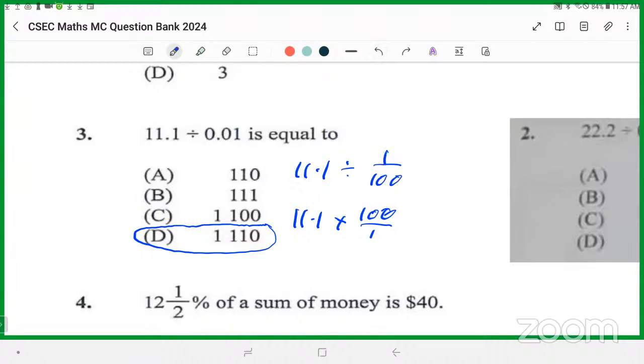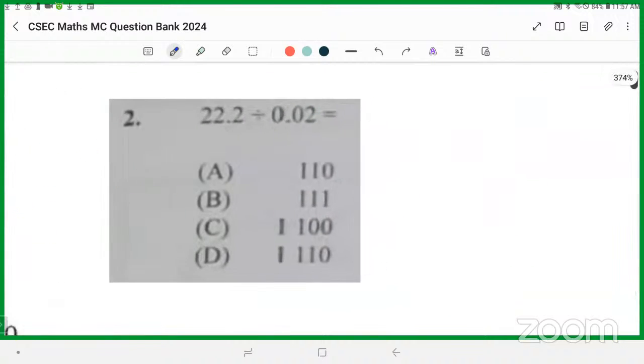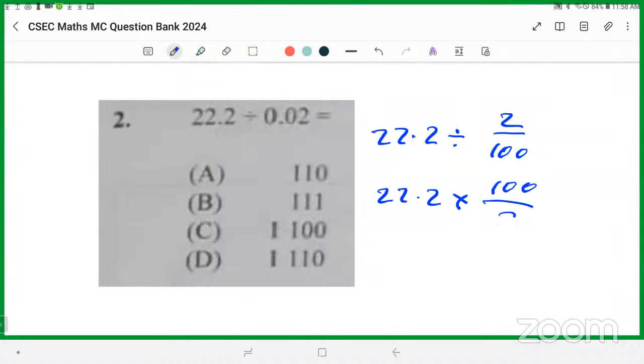And this is basically the same question, you know. This is the same question, just like the 2, 2, 2. So it's really the same question. So for this one, if you use the same approach, it should be 22.2 divided by, I put this now as 2 over 100. And I invert and multiply. 22.2 times 100 over 2.